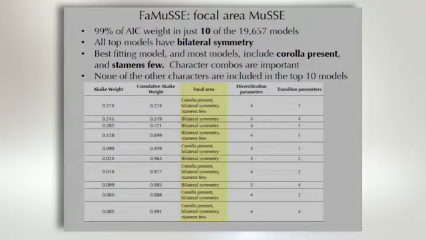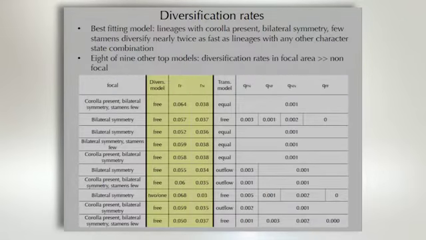Okay, so what about diversification and transition in determining the distribution of character combinations? So starting with diversification, I've gotten rid of the weights and stuff, and so here's just the focal character combinations. And here are the diversification rates. This is the diversification rate in the focal area, the diversification rate in the non-focal area.